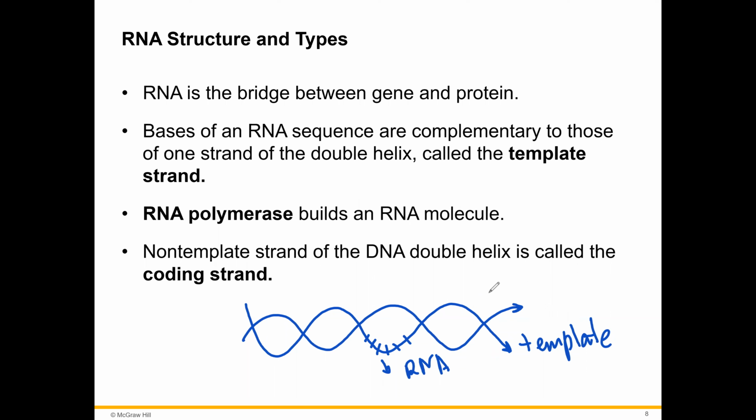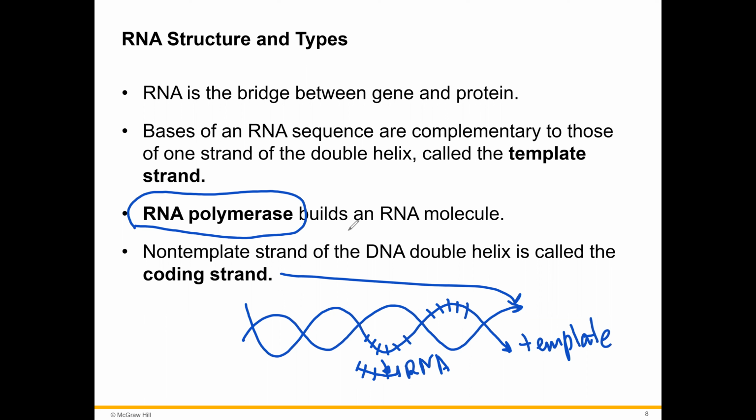So that's the coding strand right here, and this one is the template because we will use this one to make the RNA molecule. Now we need an enzyme to make RNA from DNA, and this enzyme is called RNA polymerase, which will build this RNA molecule.